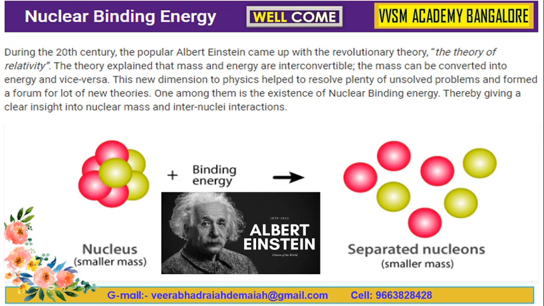The nucleons are separated by means of binding energy. Suppose the binding energy breaks: nucleus plus binding energy gives separated nucleons, that is smaller masses, which may be protons or neutrons.